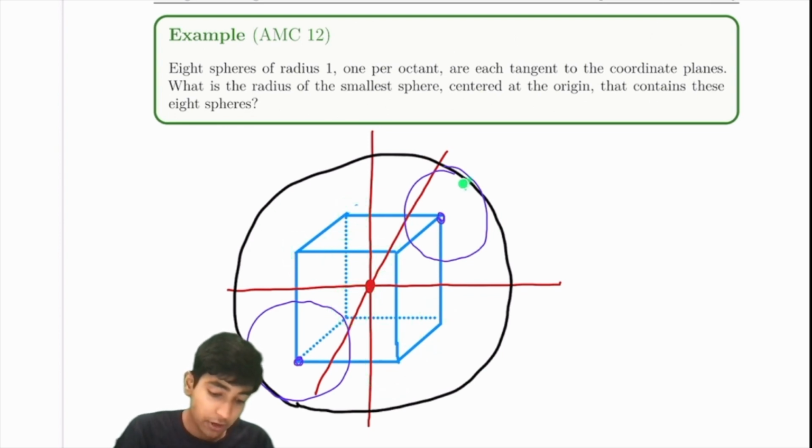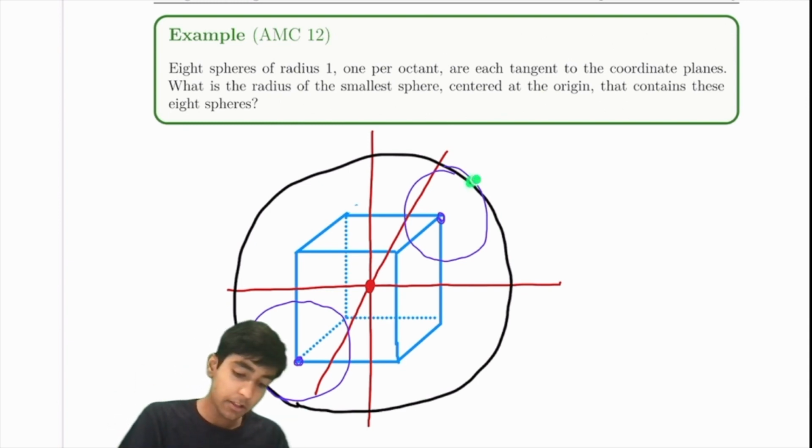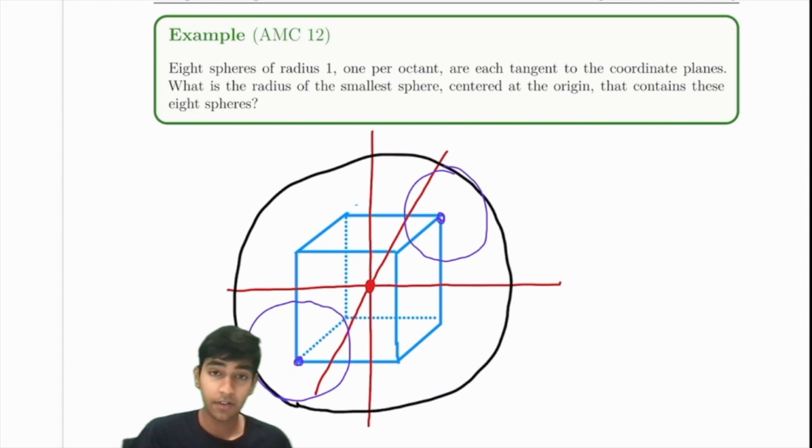So, again, imagine from here all the way to here, the smallest sphere that can wrap around all 8 of these spheres must go from here to here, right? Because it must cover all. This is the longest possible length of the 8 spheres.